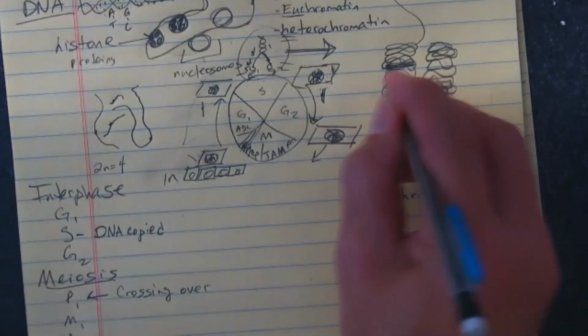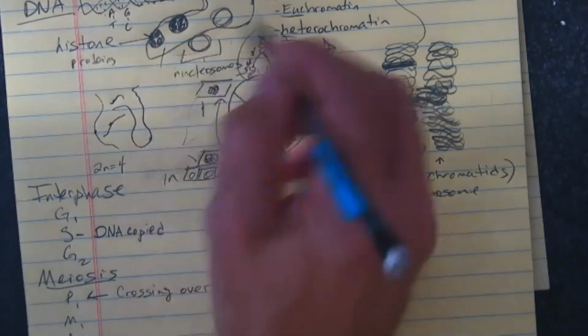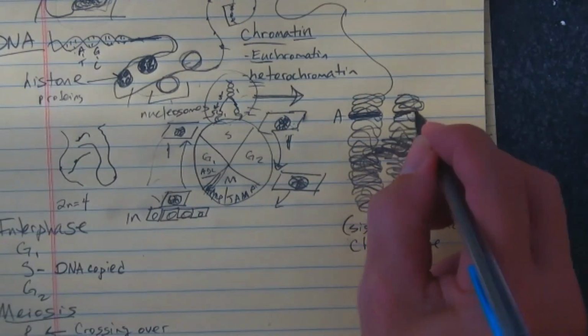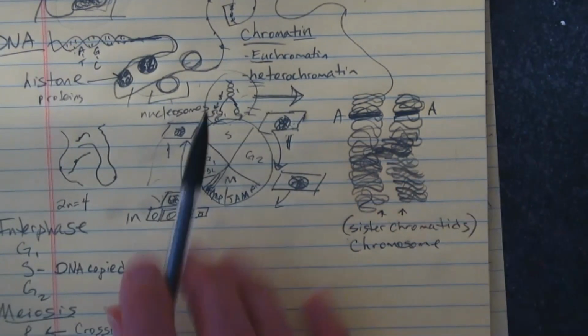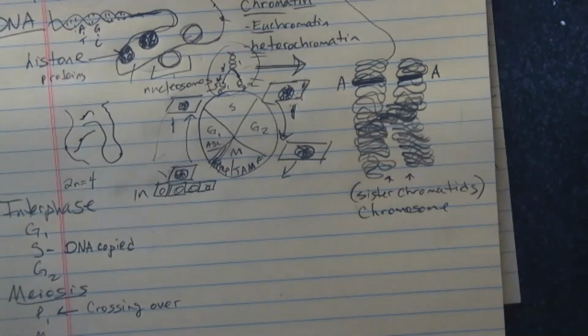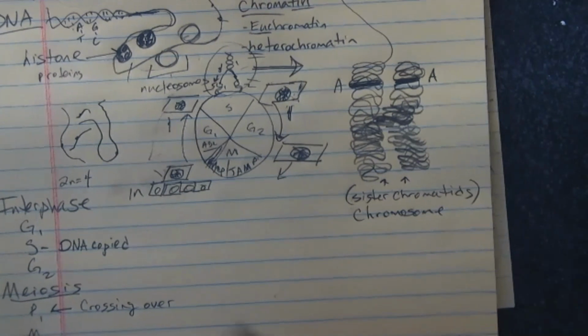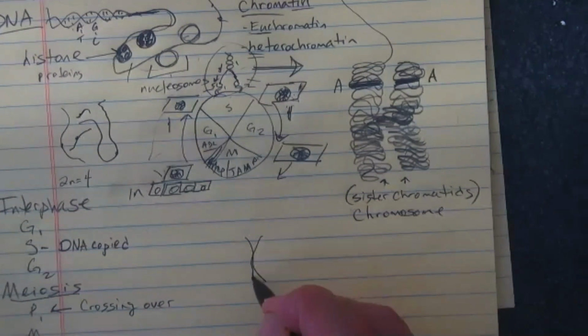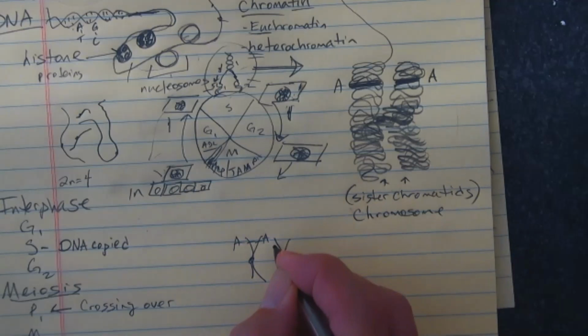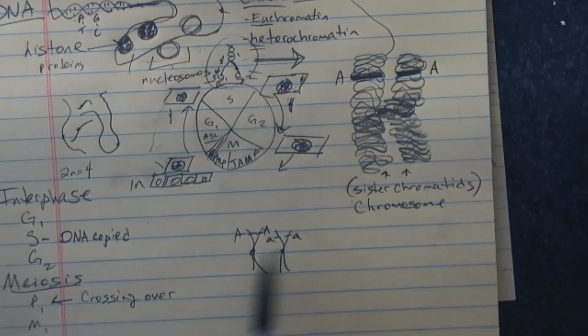So if there's a gene in this segment of DNA, then that same gene's got to be over here too, because it's a replica. But that's only one of your chromosomes, right? The other homologous chromosome is also there. So that one might have been big A, big A, but the other one might have a different allele, little a, little a.